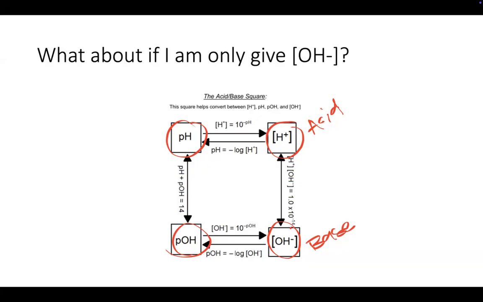We had our Kw formula that we learned about, where 1.0 times 10 to the negative 14th always equals the product of OH times H plus. That's supposed to be an equal sign, sorry. I think we also introduced this where pH is the negative log of H plus.